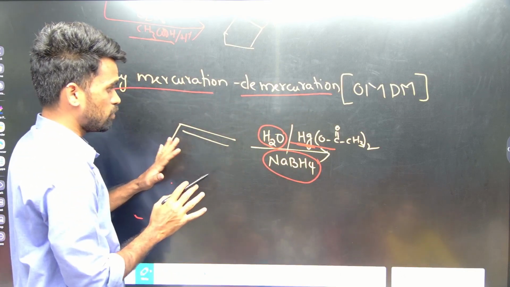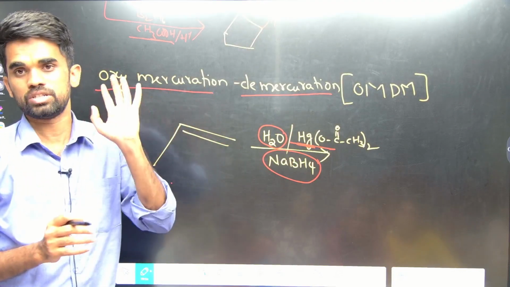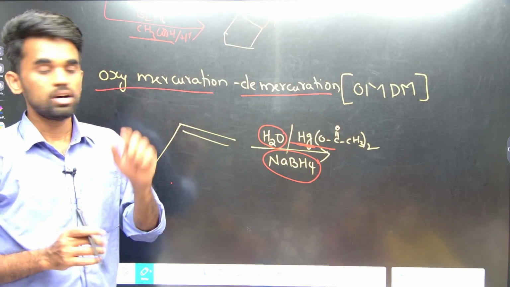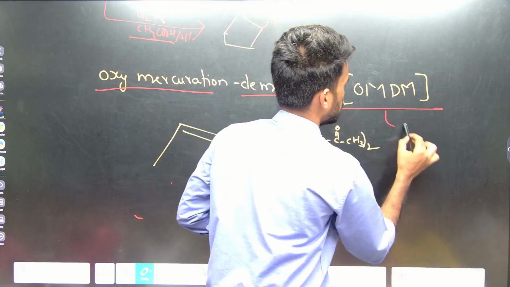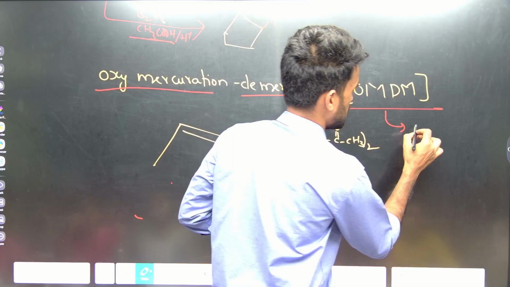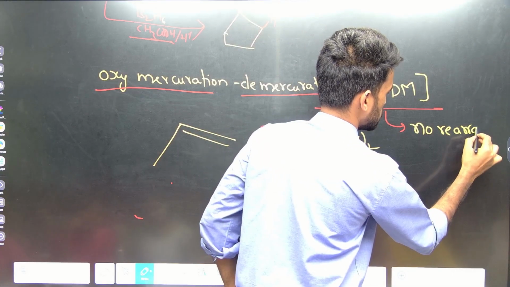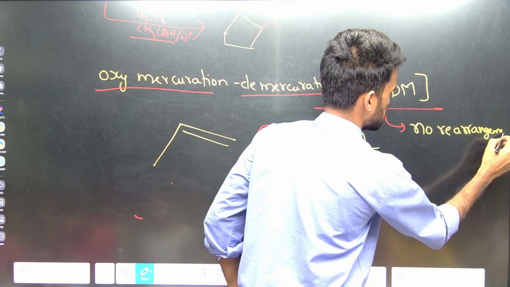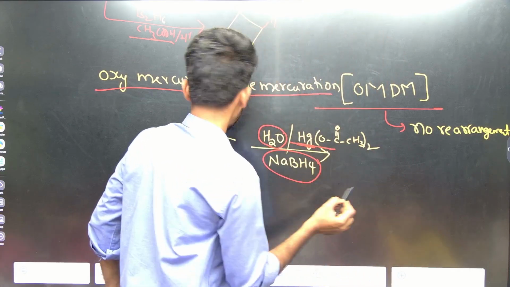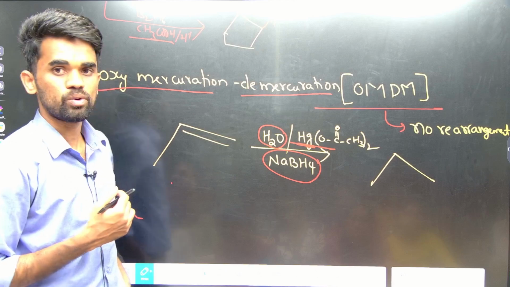Simply, the OMDM reaction follows Markovnikov rule addition. Which rule addition? So here also it is a single step, otherwise you just write it as no rearrangement. No rearrangement.